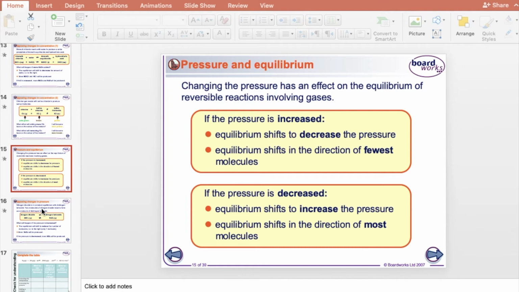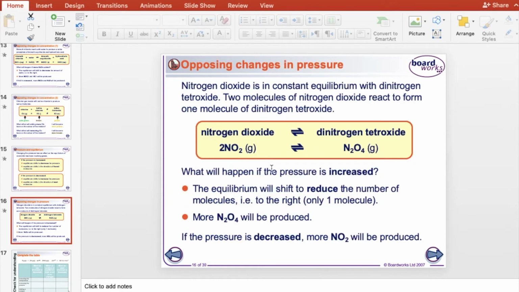Let's look at an example. Here we are. We have the dimerization of nitrogen dioxide, which we've seen with temperature as well, into dinitrogen tetroxide. So here's our dynamic equilibrium in the middle, with the symbol for a reversible reaction, as you can see.